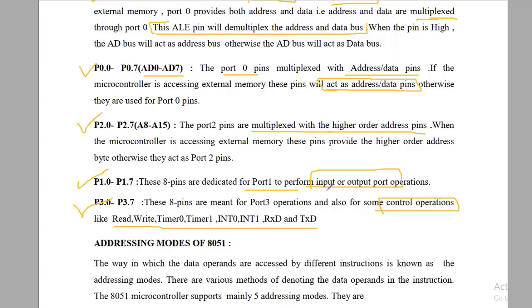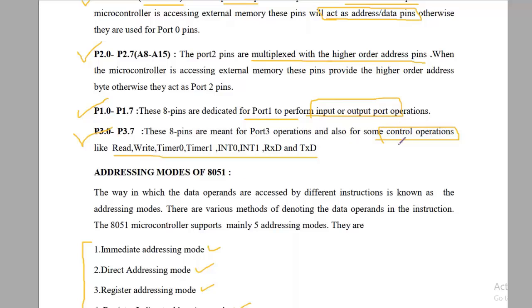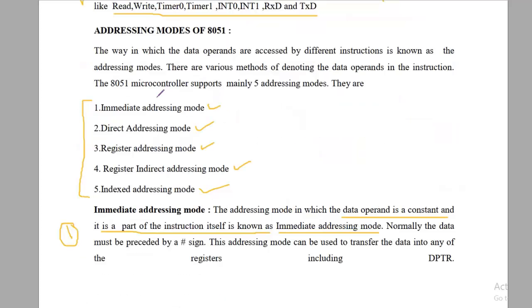Next is P1, which is used to do input and output operations, and P3, which is used for control operations such as read, write, timer 0, timer 1, interrupt 0, 1, receive data and transmit data. The next topic is the addressing modes of 8051. I think you must be familiar with the addressing modes, and these are all similar to that.